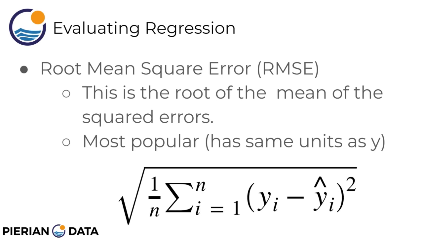So the way we fix this is with the root mean squared error. Essentially, at the end, you just take the square root of your mean squared error. So this is the most popular because it does both punish those larger error values, and at the end of the day, it has the same units as Y.